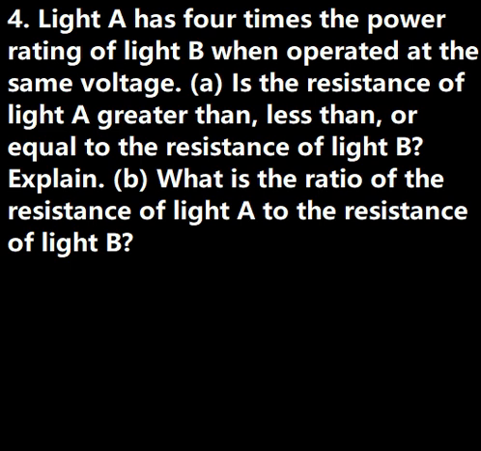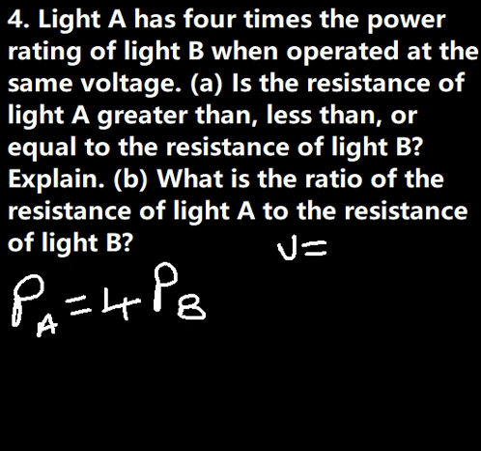So we are sure that the power rating, it means the power for light A is said to be 4 times the power for light B, and assuming that the voltage is the same for all. So the voltage is the same for all.